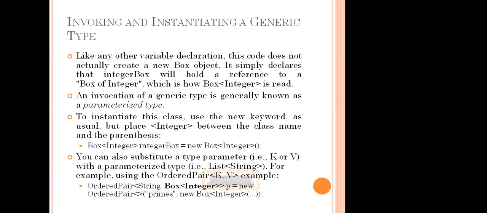You can also substitute type parameters. What is K here? K is a key and V is a value. So how do we write it within a parameterized type, List of String? For example, you see the ordered pair K comma V. For example, OrderedPair is a class.